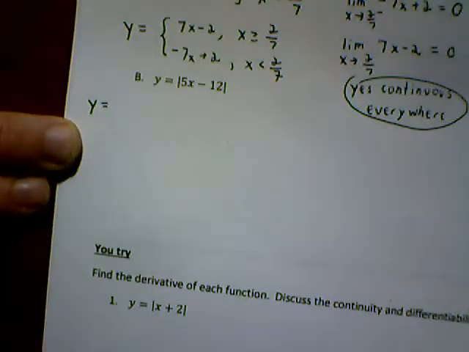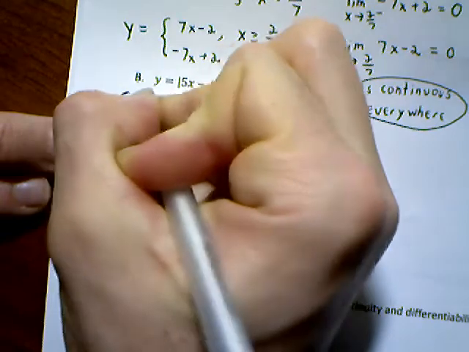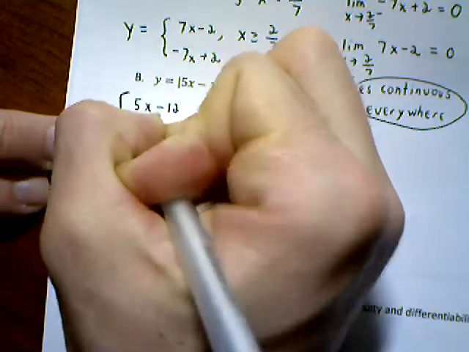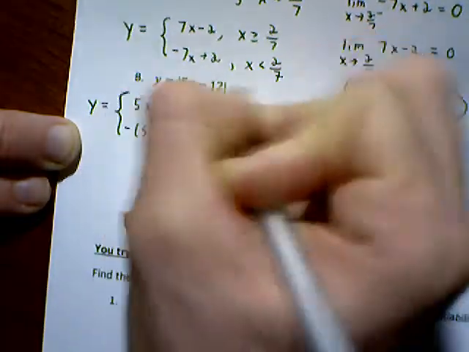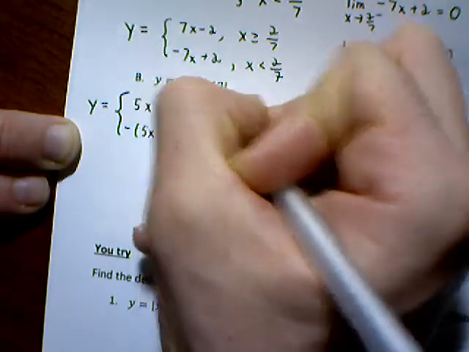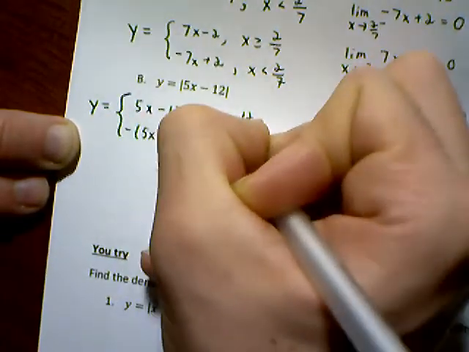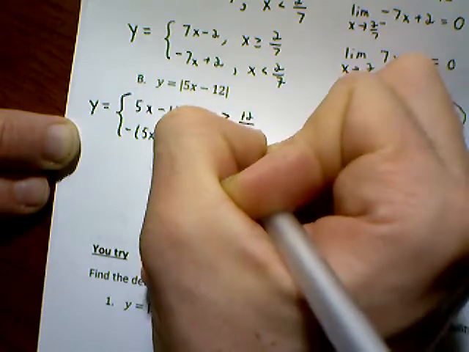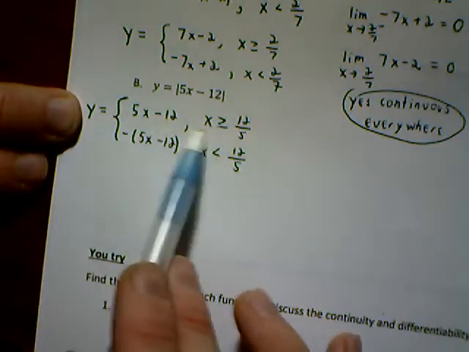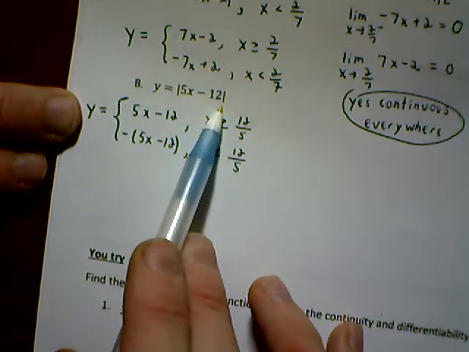First step, rewrite. I just took whenever the inside is the same, x is greater than or equal to 12/5, I set this equal to 0.